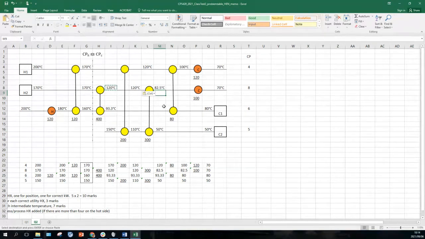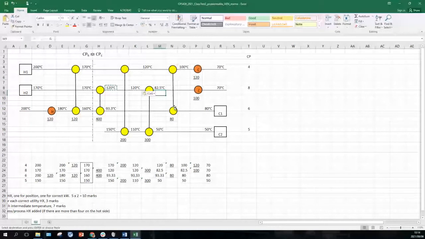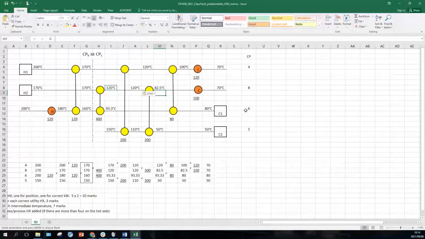That's 82 degrees. This one is 93 degrees. The cold stream is hotter than the hot stream. So we wouldn't have been able to make a heat exchanger here and there. This is the only match that's still possible. 120 degrees, 93 degrees, and it doesn't matter that the CP of the hot is less than the CP of the cold.